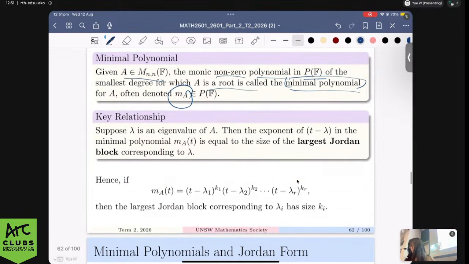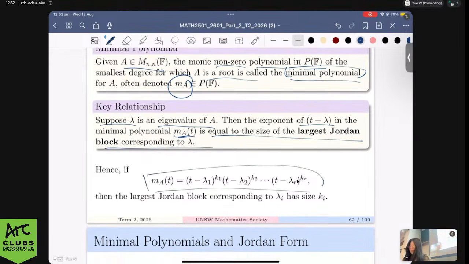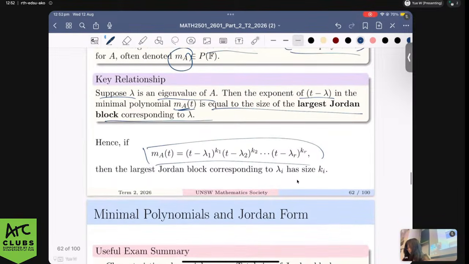And I guess the key relationship is basically, if you suppose lambda is some eigenvalue of A, then the exponent of t minus lambda in the minimal polynomial is equal to the size of the largest Jordan block corresponding to that eigenvalue. So you can write it in this form here, and then you can say that the largest Jordan block corresponding to the eigenvalue lambda i is of size k i.